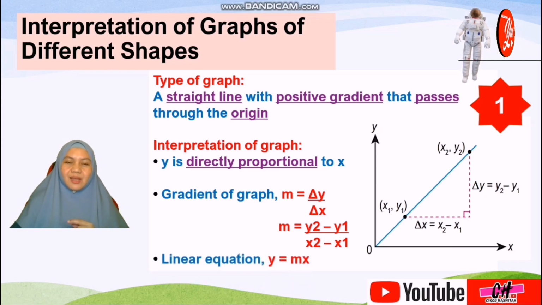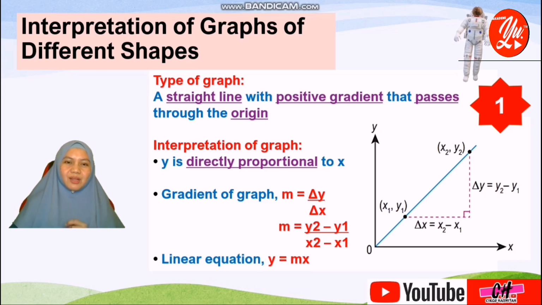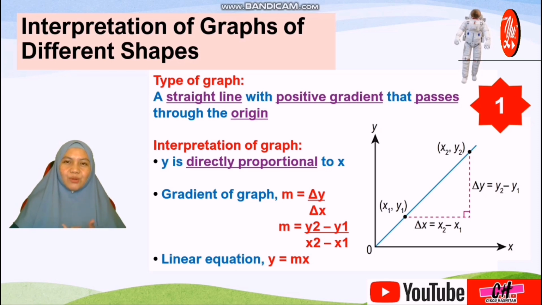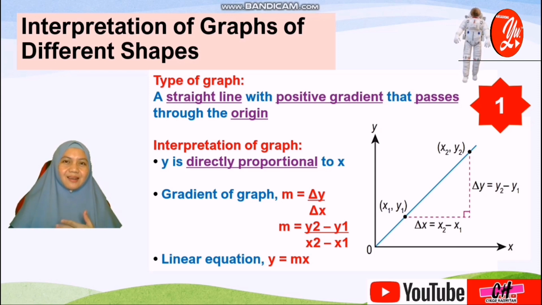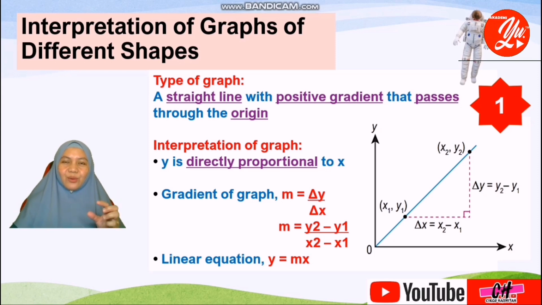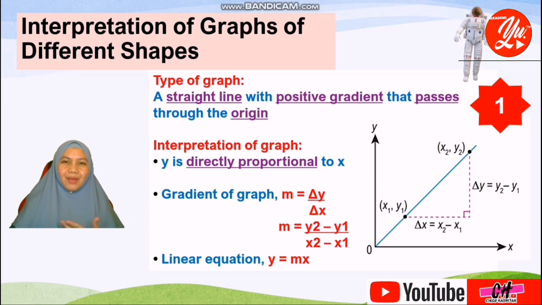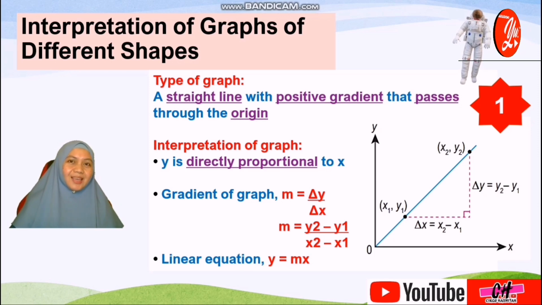And last but not least, we can come up with a linear equation, where y equals mx plus c. Where is the c? C is the y-intercept, and since this graph started from the origin, the value for c is 0. So it is enough for us to just write y equals mx. Okay, so now let's check with the second type.